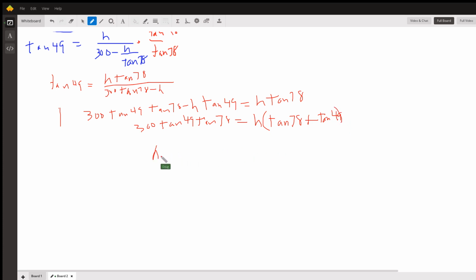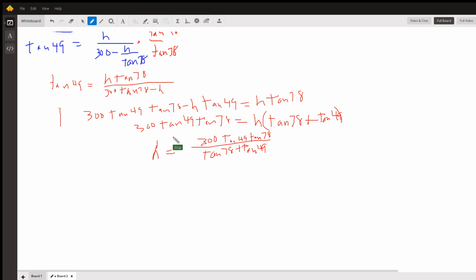And finally, h equals this term, 300 tangent 49, tangent of 78, divided by tangent of 78 plus tangent of 49.